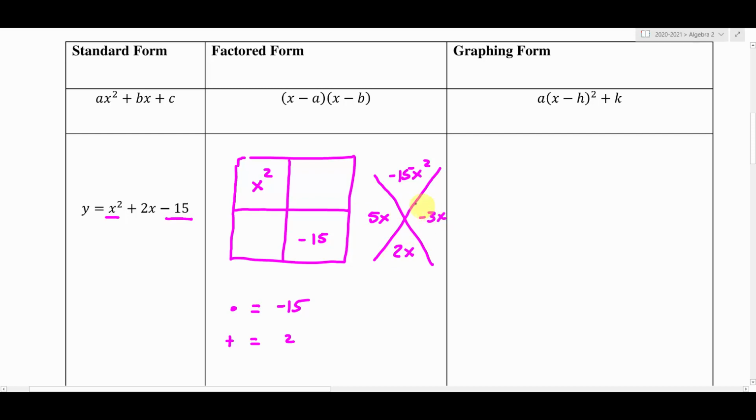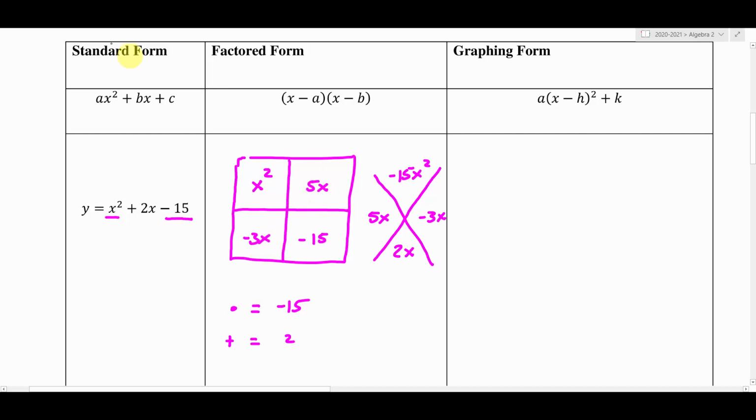All right, and the reason that I added the x's on there is because we really need to get an x squared up here, and we just need an x down here. So x times x gives me the x squared, and then when we do 5x plus negative 3x, we get 2x. All right, so now I know what I'm going to put in my other diagonal here. So I'm going to say 5x here and negative 3x here. And it really doesn't matter what order you put them in.